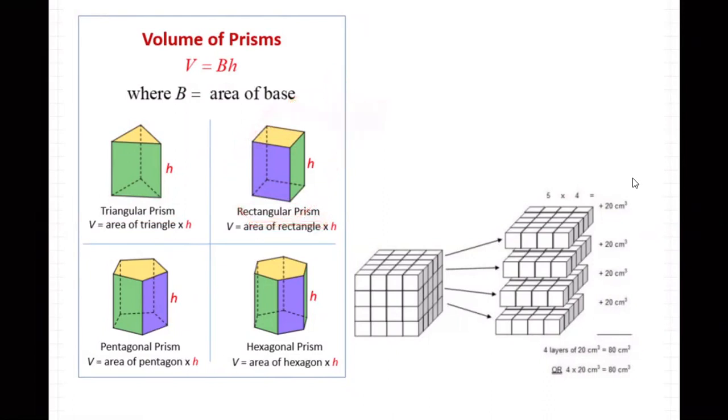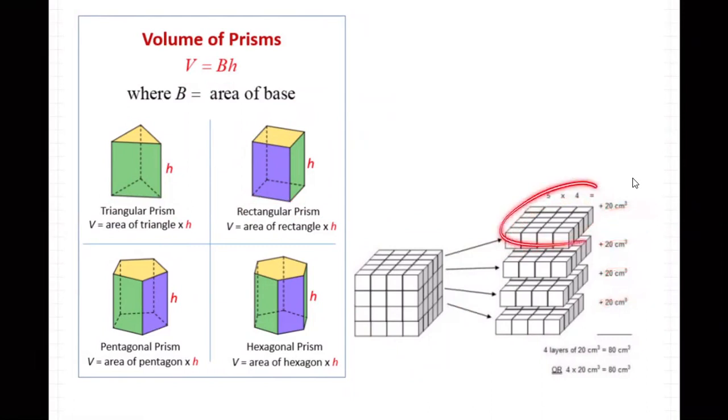Well, how do you find the volume of a rectangular prism? Look at this big Rubik's Cube thing. This is a perfect example. If you find out how much is in one layer, there are 20 cubes in a layer because it's 4 by 5. So you find out how much is in one layer, then you multiply by how many layers high it is, the height.